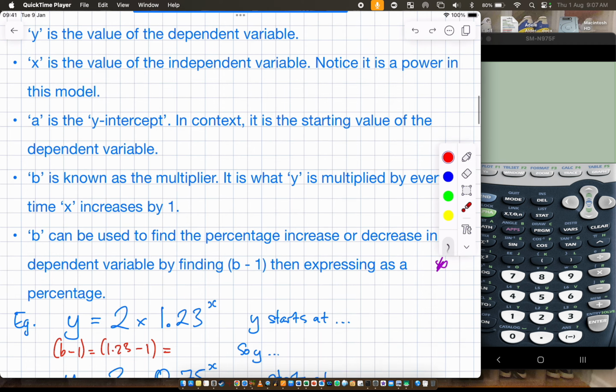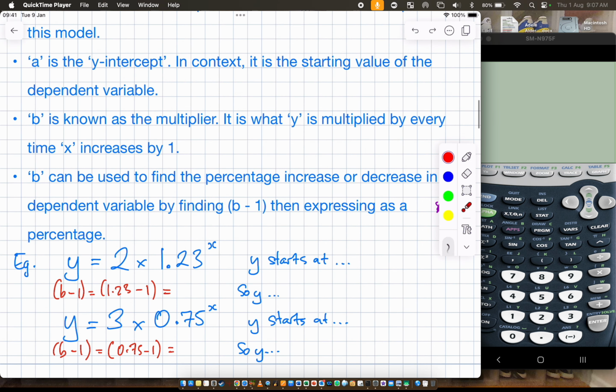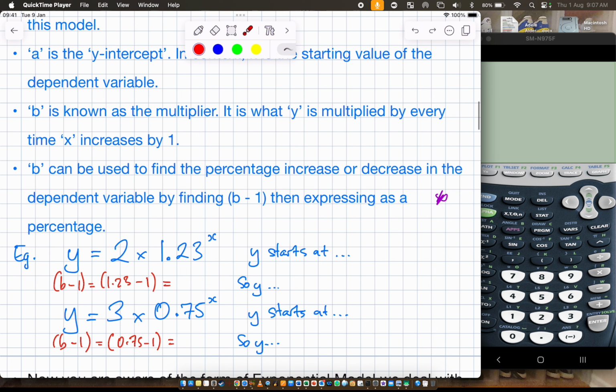I want to explain how you deal with B. So I just said that B can be used to find the percentage increase or decrease in the dependent variable by finding B take 1. So let's do a couple of examples here so you can see how that's interpreted. If my exponential model was this, what do I know about it? What's A in this model? 2. Good. So Y is going to start at 2.